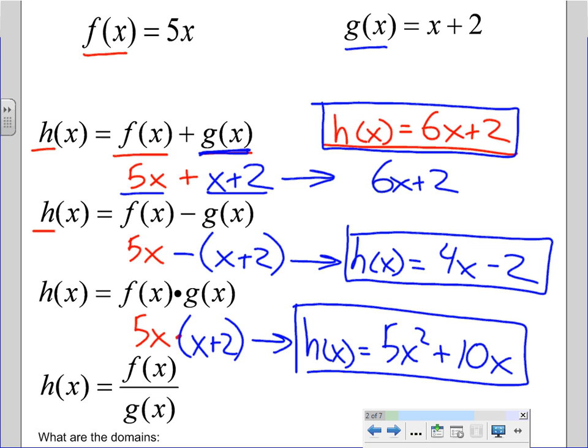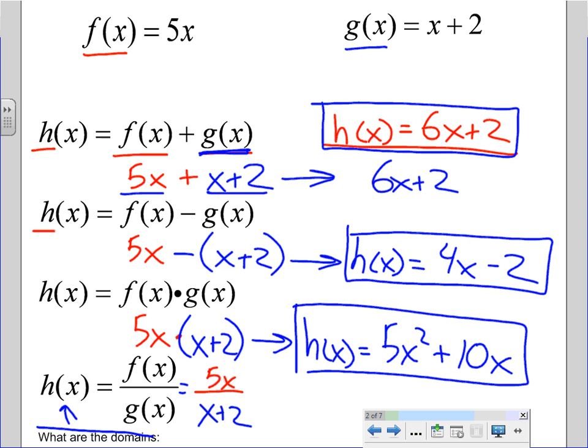Okay. Now there's one other thing here. When we divide, notice what we have here, let's write down the bottom here, is we have on top 5x, and then on the bottom we have x plus 2. Okay. Now again, that's all it really gets simplified down to. But notice here, what are the domains? Okay, so really, for all the ones above it, the domains aren't restricted, any real number.